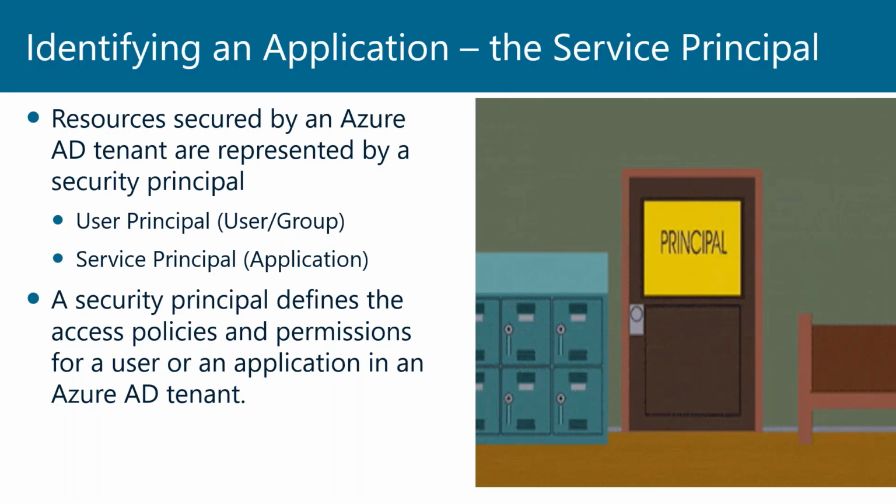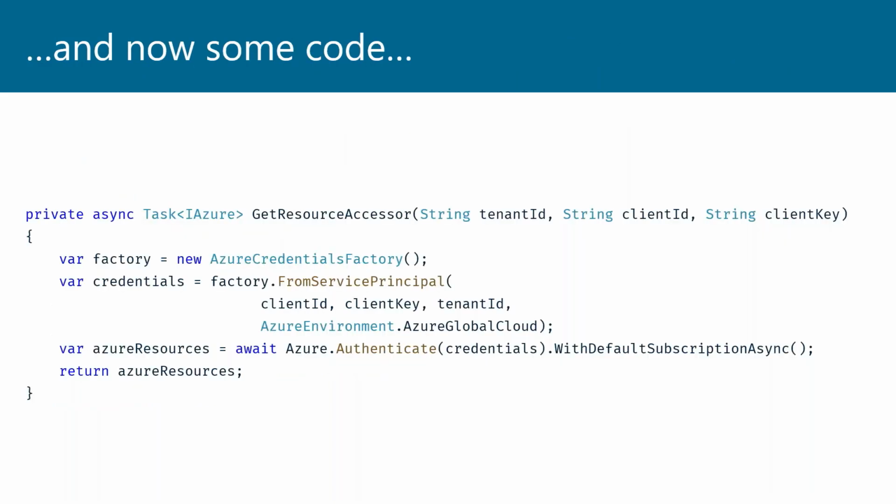So what this lets us do is in our code, we can now do something that looks a little bit like this. This is actually using the Azure Management Fluent SDK as an example. But you can see here, we can take a service principal given an ID and a key, sometimes called a client secret for the service principal, and create an instance of the Azure Credentials Factory, which is provided by this management SDK.